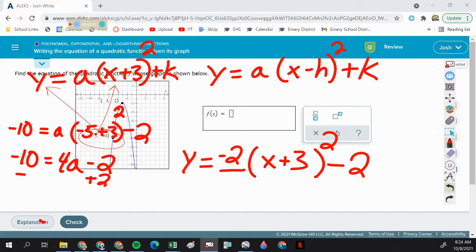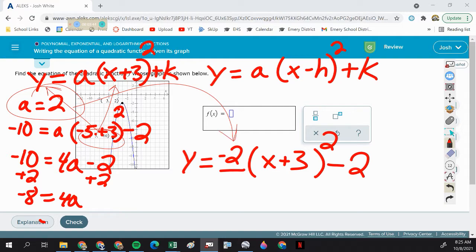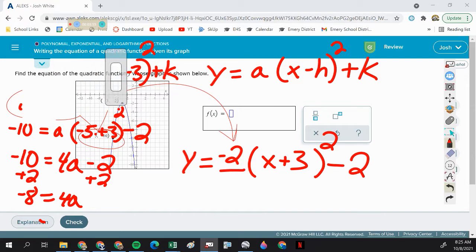Add 2. And we get negative 8 equals 4a. Divide by 4, and we get a equals negative 2. And then we take that a equals negative 2, and we put it right there. Do you want to see another one of those? Yeah? Okay, let's do another one.